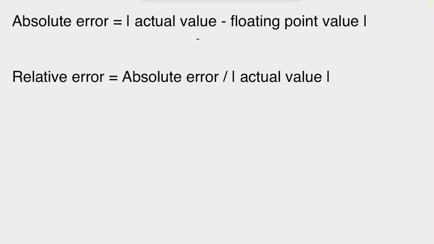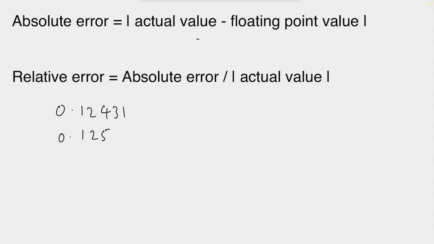So we're going to choose our actual value here. This is the actual value 0.12431, and our floating point value is 0.125. So that's what we're going to calculate, both the absolute and relative error. So let's first of all calculate the absolute error.